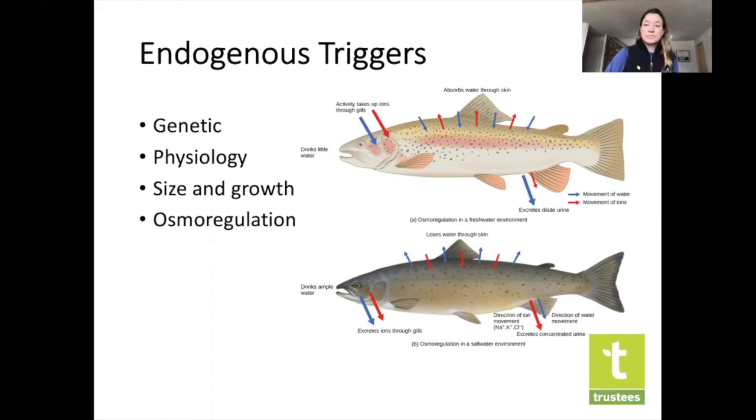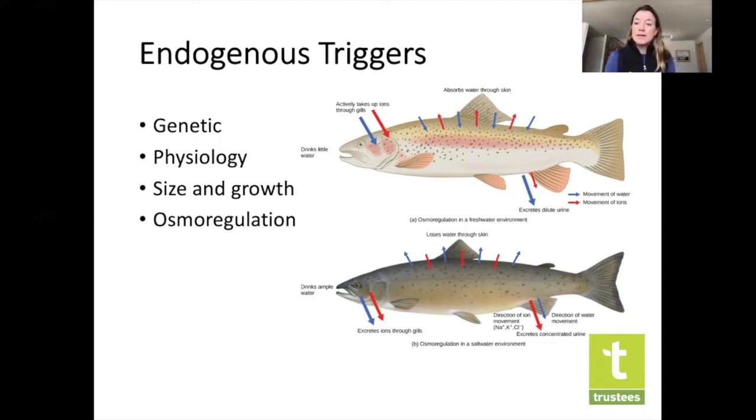Osmoregulation is simply a way for fish to survive in a freshwater or saltwater environment. So again, we talked about the salmon. Salmon are able to osmoregulate where they can support saltwater because they're born in freshwater.